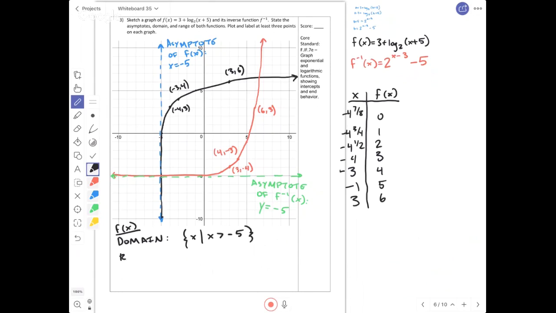And the range is all reals. So the set of values y such that y is an element of the real numbers.